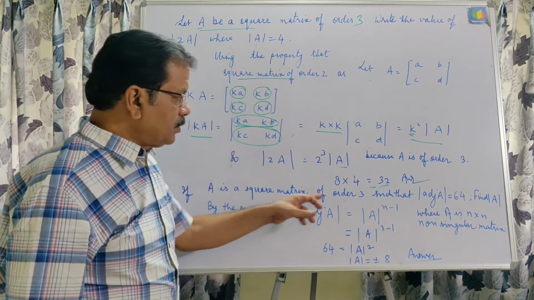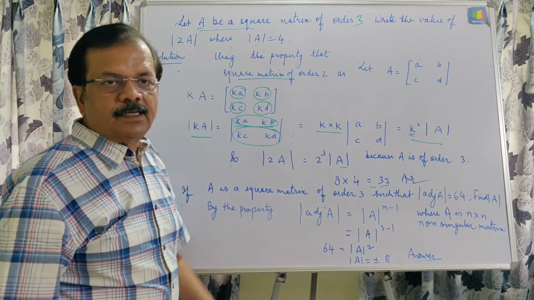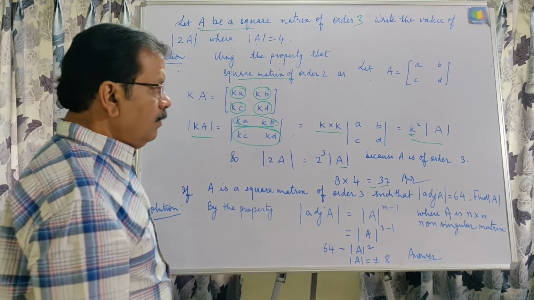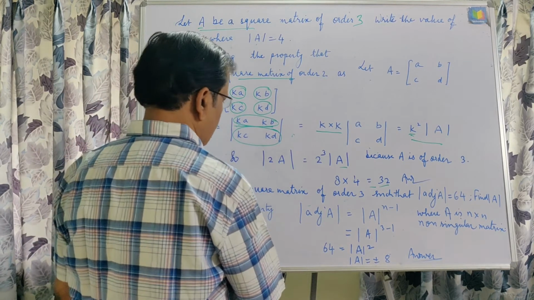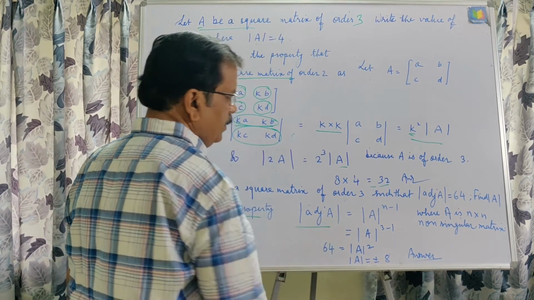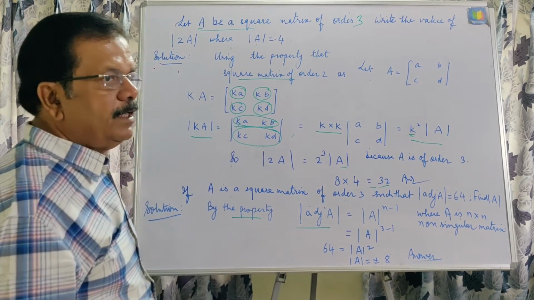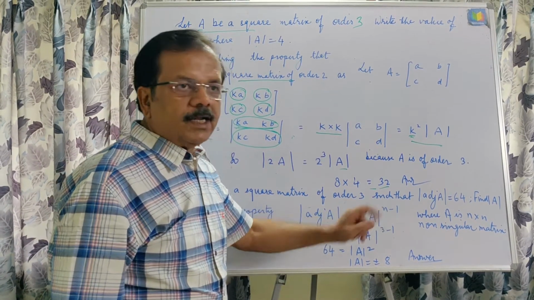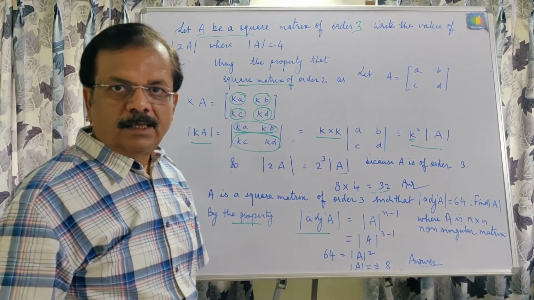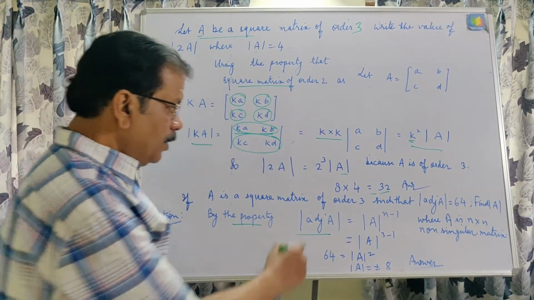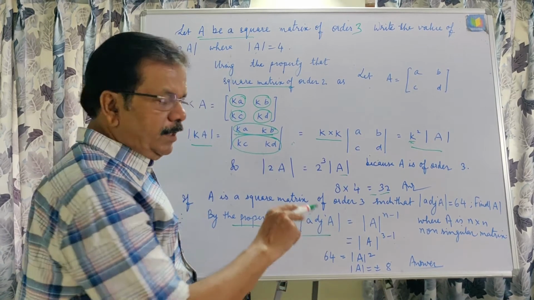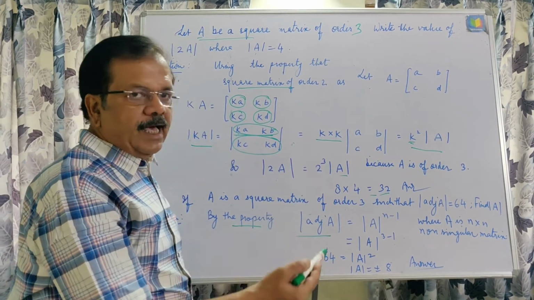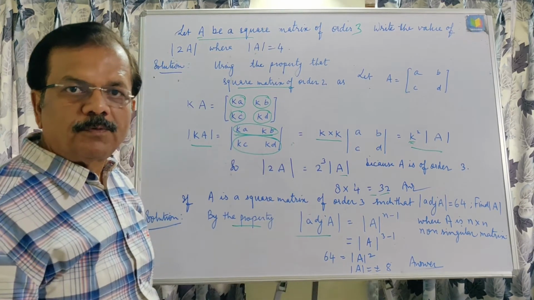A is a square matrix of order 3 such that determinant of adjoint of A is equal to 64. Find determinant of A. We know this property, that if we are finding the adjoint of A, then one order will be reduced. That is because in finding the adjoint we are not taking one row and one column, and likewise the constant will also be reduced.